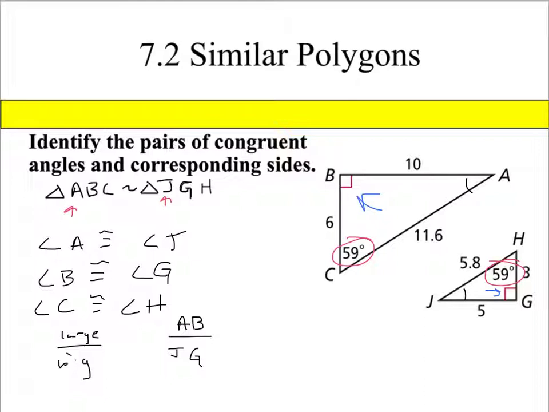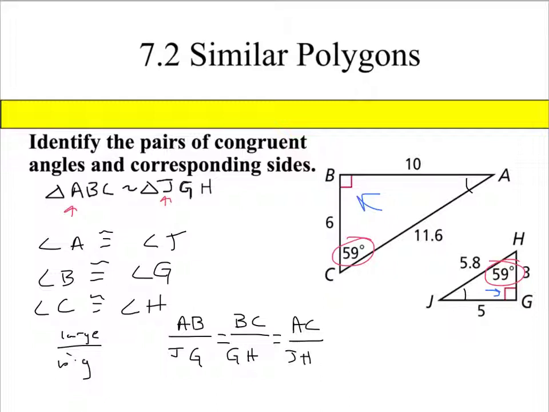They're not equal to each other, it's just that the ratio of AB over JG is going to be equal to the ratio of BC over GH. Notice BC is 6. That ratio is the same. And AC is going to have the exact same ratio as JH.